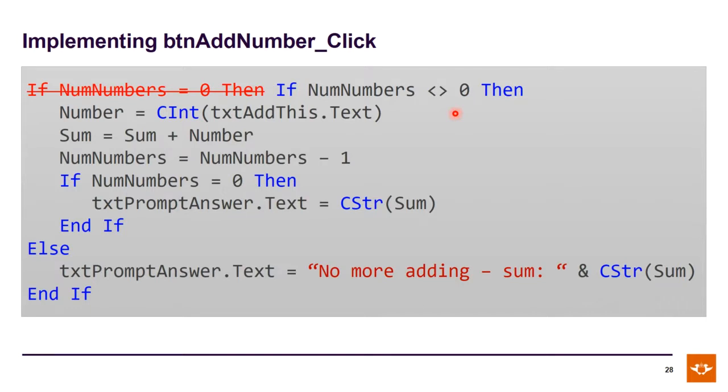You have an if condition, and if it is true, it will do the following. The else part is if it's false, then it will do something else. Does this make sense? So if we had said if numbers is equal to 0, that means you can't add any more numbers. And if you did the code this way, it would say, you can't add any more numbers. Give me more numbers. Is that what you want?